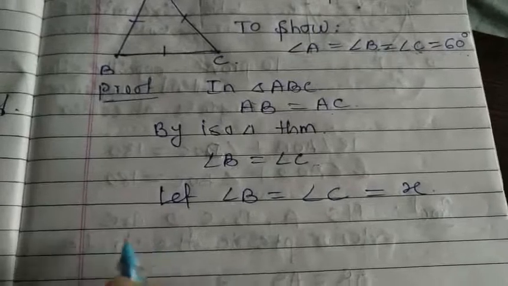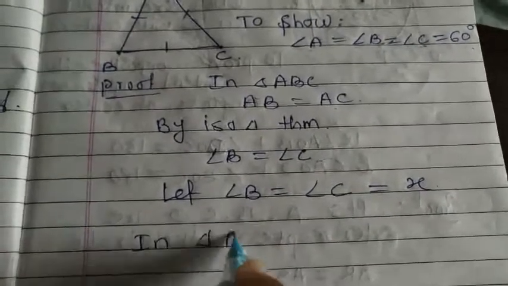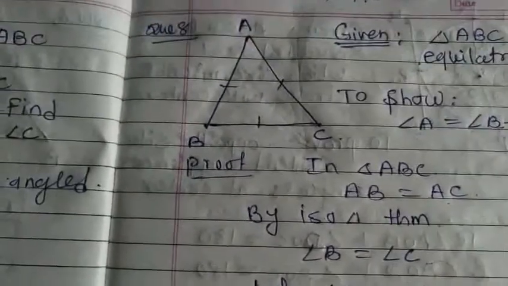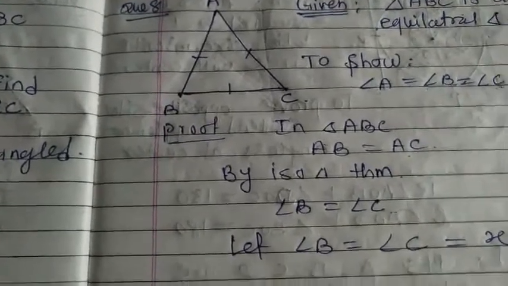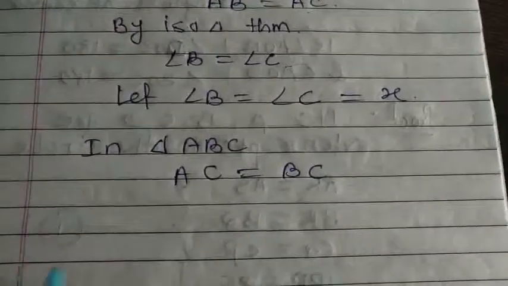Now in the same triangle ABC, consider the other pair. Here we consider AC and BC. AC is equals to BC.